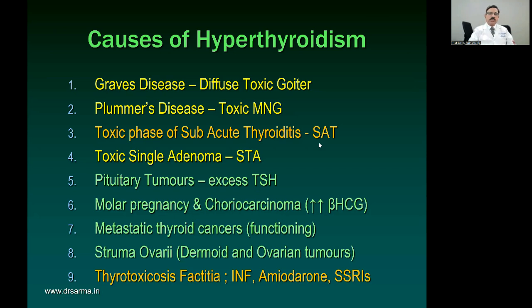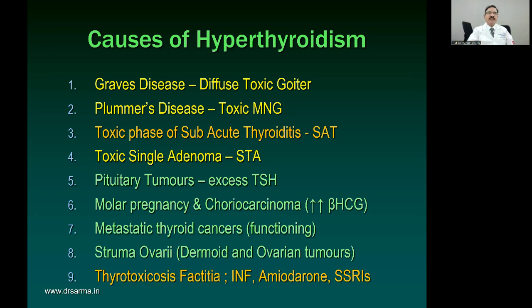So excess TSH from a primary pituitary tumor can cause hyperfunction of the gland. Molar pregnancy, choriocarcinoma: increased beta HCG. There is a lot of similarity between TSH and beta HCG. Beta HCG and TSH look alike. The thyroid gland mistakes it for TSH and produces more thyroid hormone.